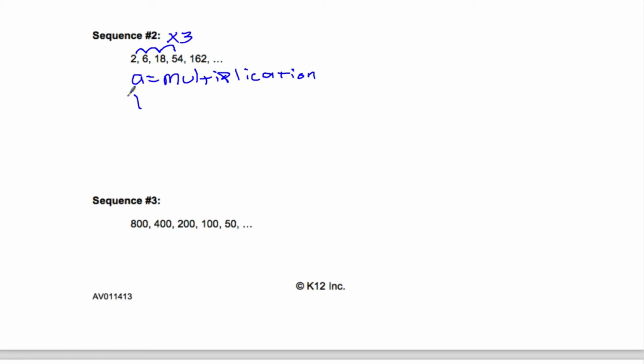So B, it wants us to write a rule. Well, for something like that, I would just say multiply each term by 3.